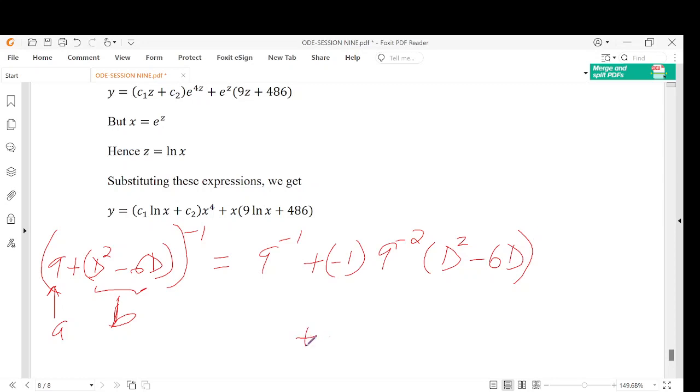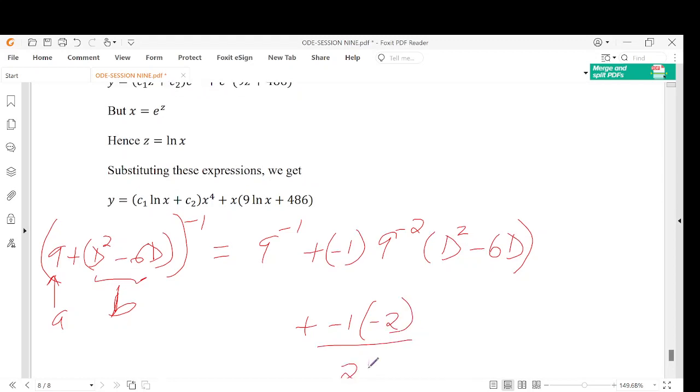The next term would be minus 1 times minus 2 divided by 2 factorial, multiplying 9 raised to power minus 3 times D squared minus 6D raised to the power of 2.